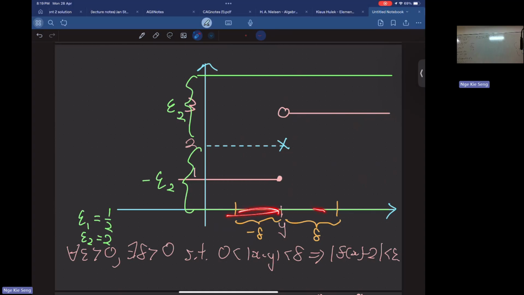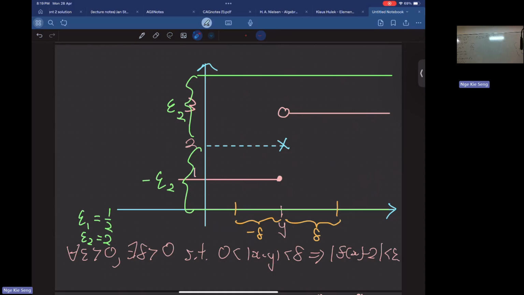How far can you pick? Infinity? Can you pick infinity or not? Delta is an element of R, and R doesn't include infinity. No, infinity is not enough.